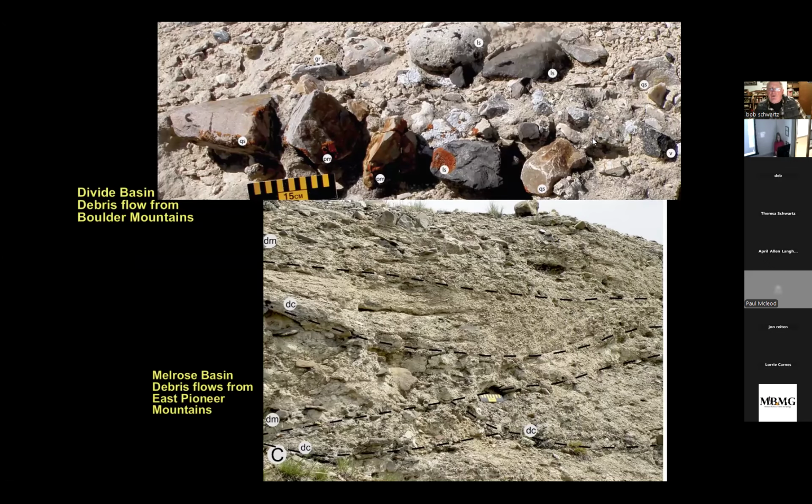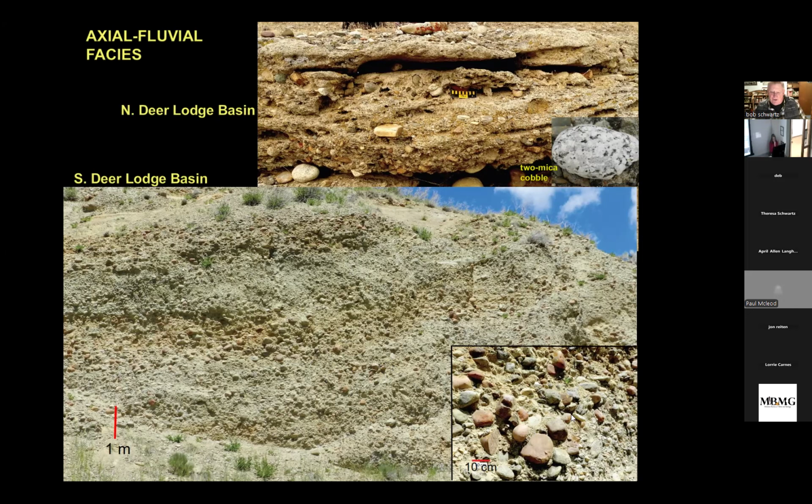This image here shows the conglomerate just along the northern side of the town of Anaconda, close up at the size of the cobbles and the boulders, mostly Mesoproterozoic clasts, but a real abundance of Mesoproterozoic limestone clasts as well.